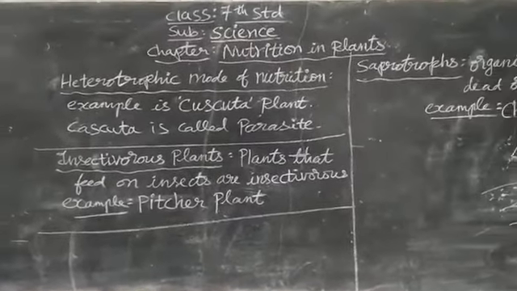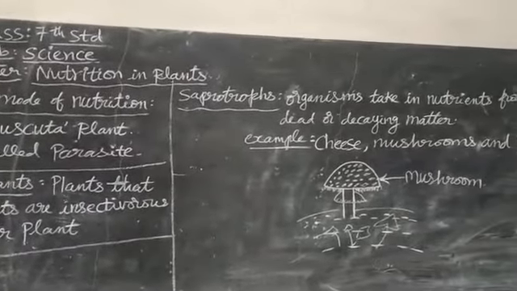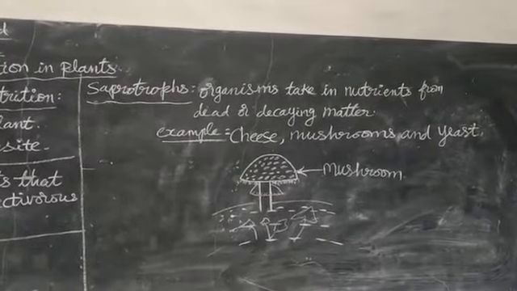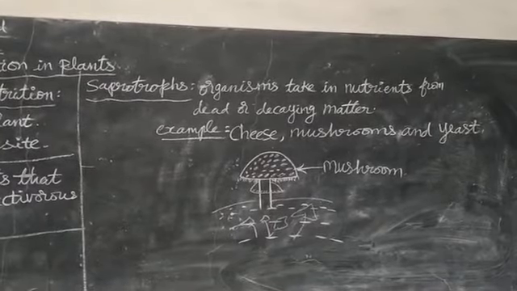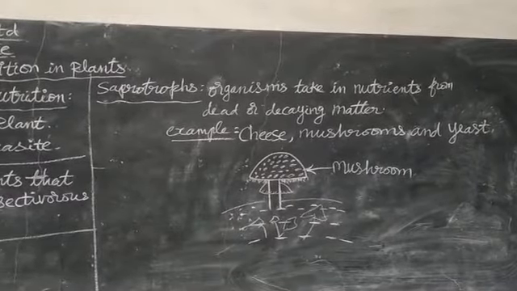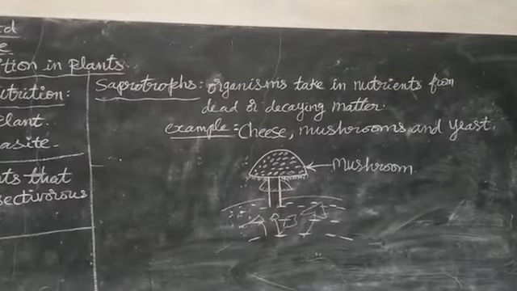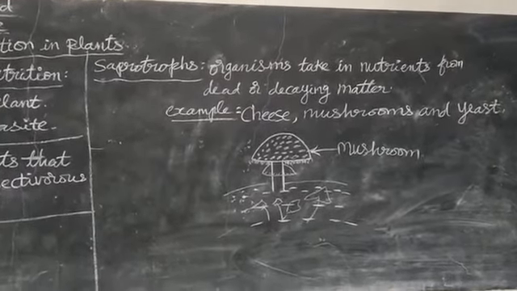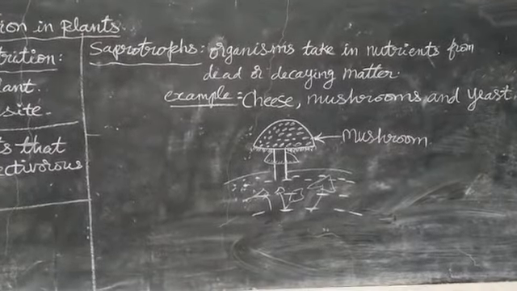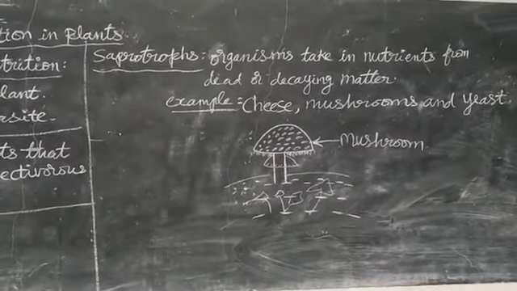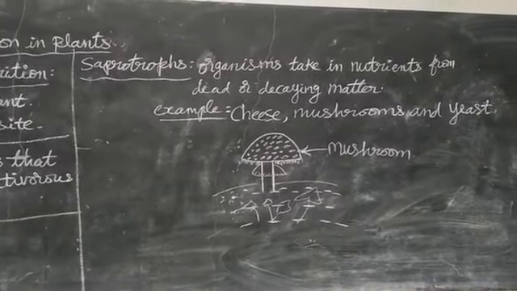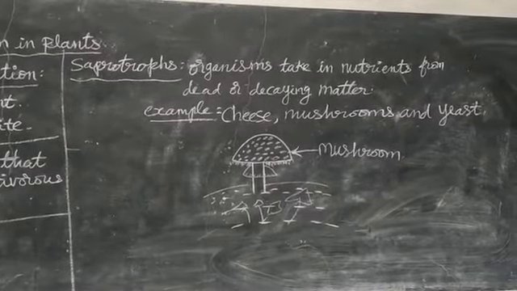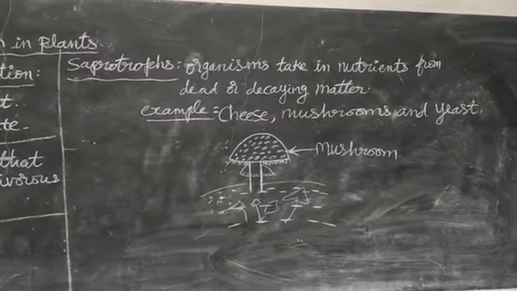Next, saprophytes. Saprophytes are nothing but they grow on dead and decaying matter. Such organisms are called saprotrophs. Organisms that take in nutrients from dead or decaying matter are called saprotrophs. Understood? For example, you take fresh bread, and you put some water over that bread and leave it for 2 to 3 hours.